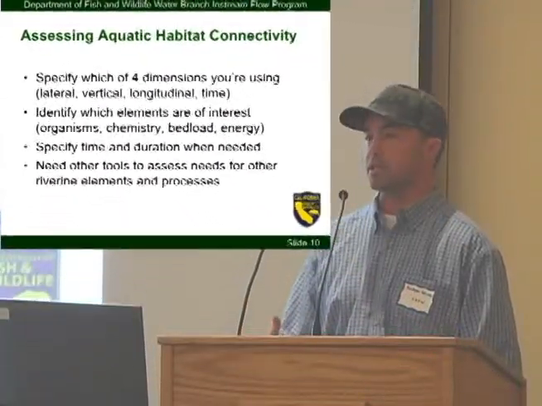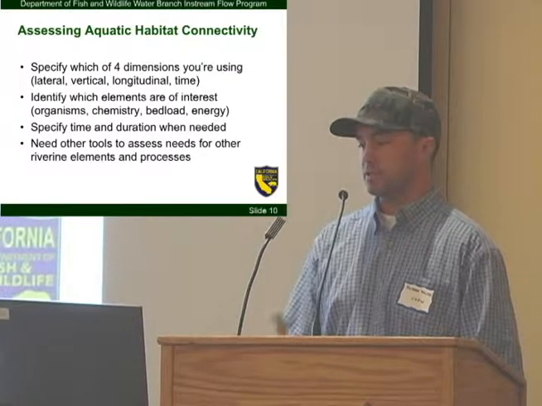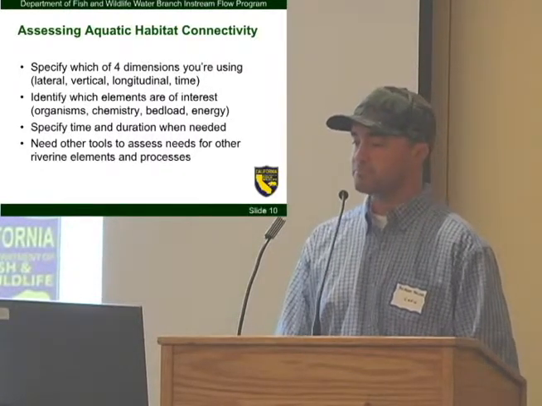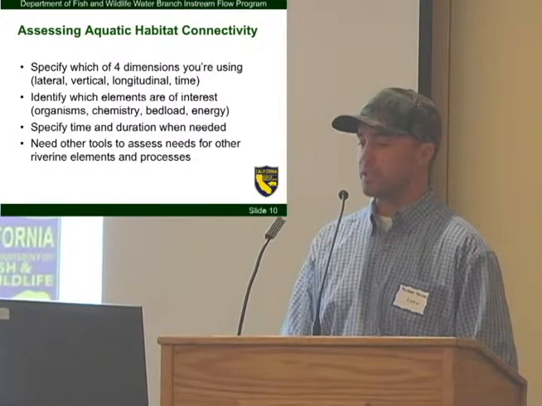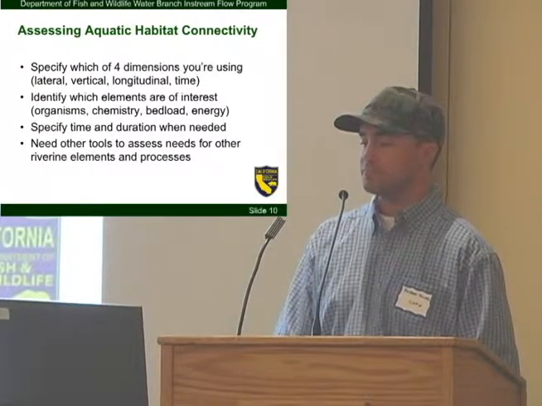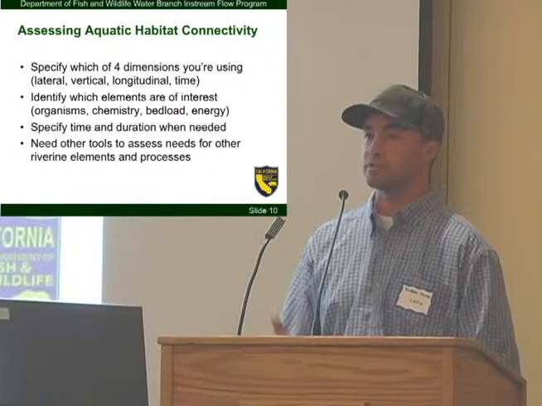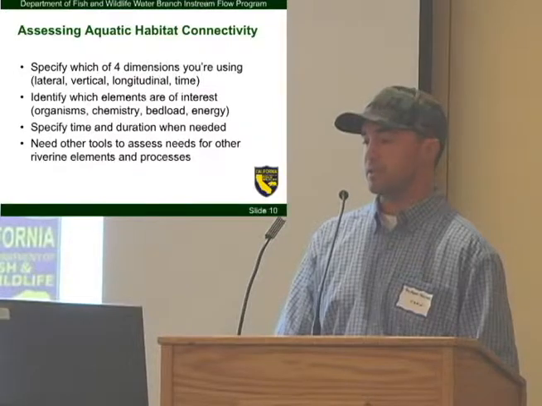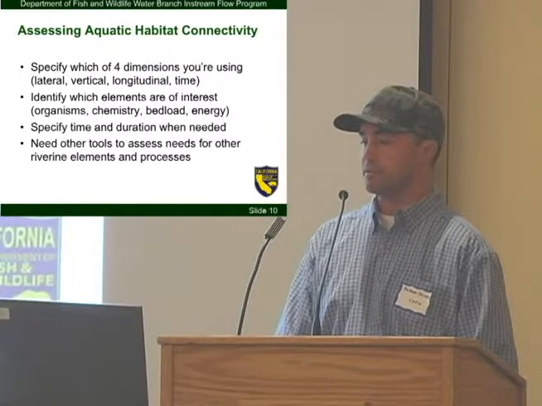Today we're going to be talking about organisms, but equally important is the chemistry, the bed load, and the overall energy in the stream. And then specify the time and duration needed, and generally other tools are needed to look at other components of the ecosystem needs there.